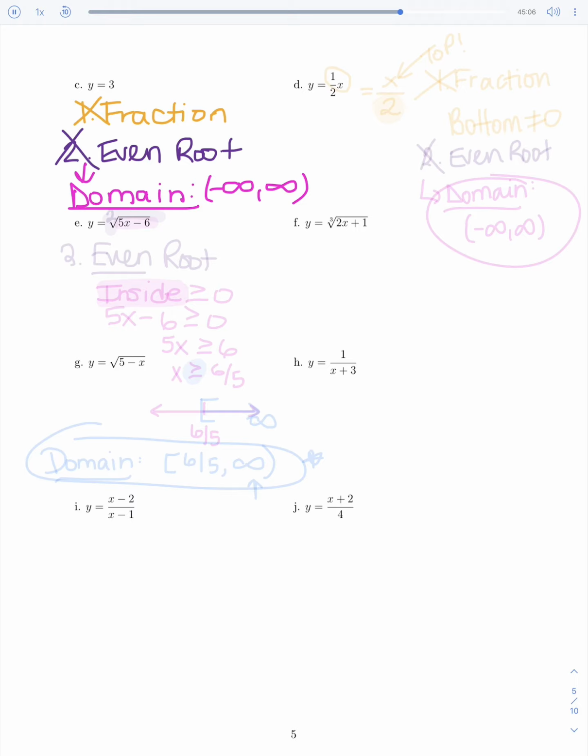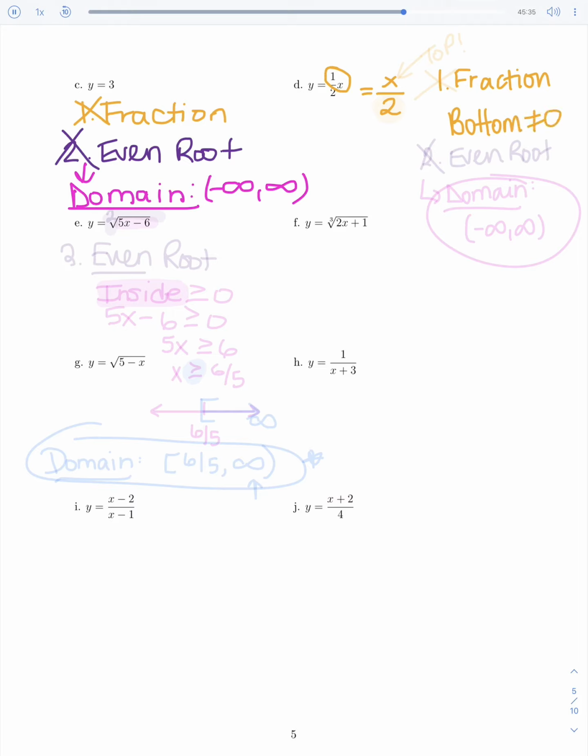Let's take a look at D next. In problem D, notice we've got y equals 1/2 x. Now notice that this means that if we were to rewrite this, the x could go on top of the fraction. So it'd be 1x or x over 2. Now that means we do have a fraction. The issue with fractions, though, remember, was that we don't want our bottom, our denominator, equaling 0.